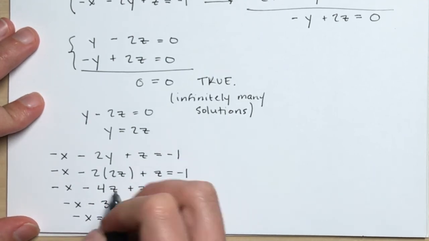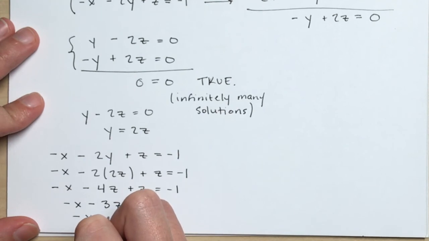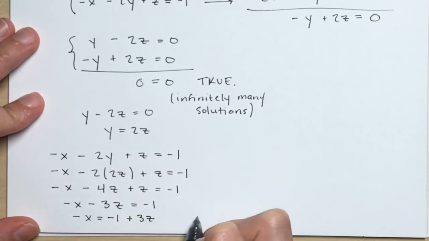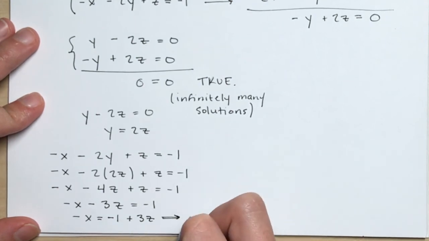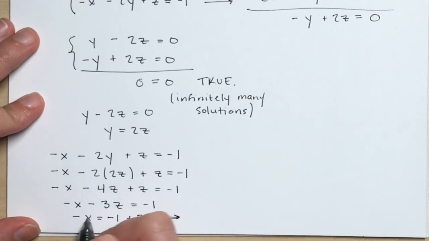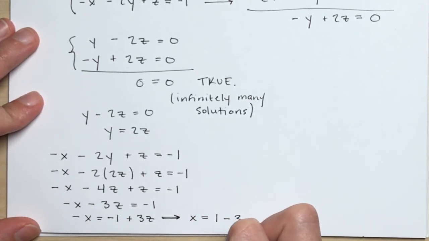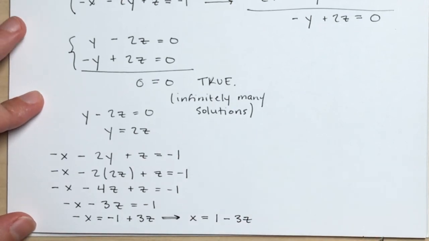Negative x equals -1 plus 3z. And I'm running out of space here. This means let's divide everything by -1, so we have x equals 1 minus 3z. So this is x in terms of z.